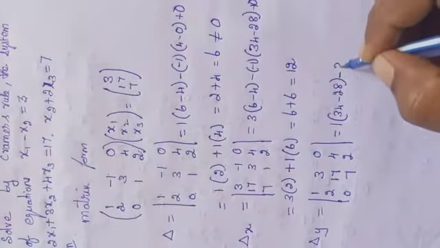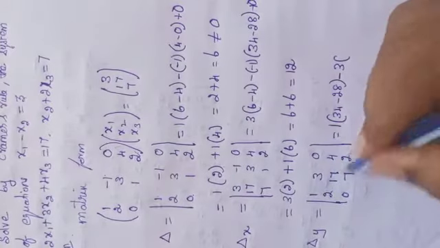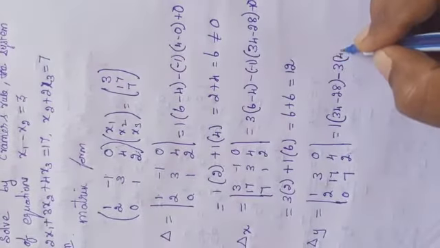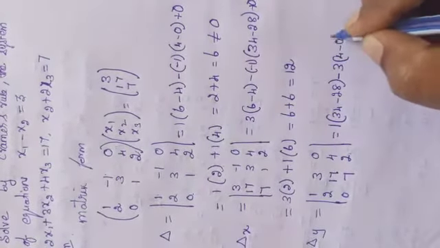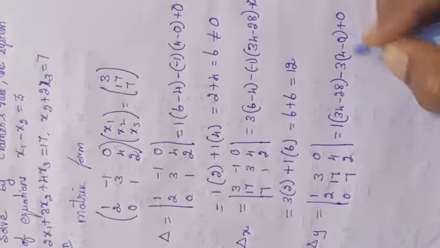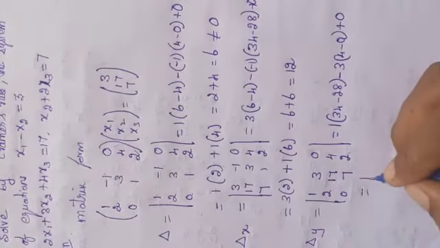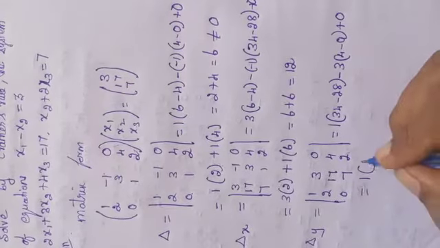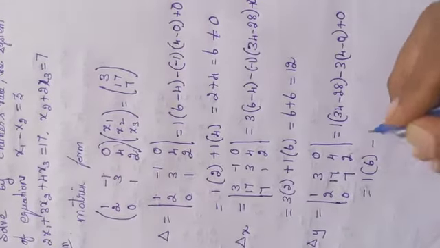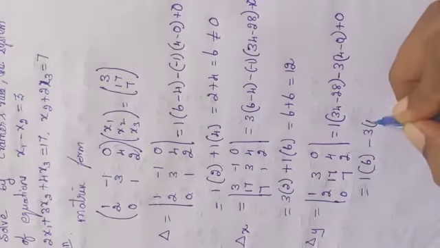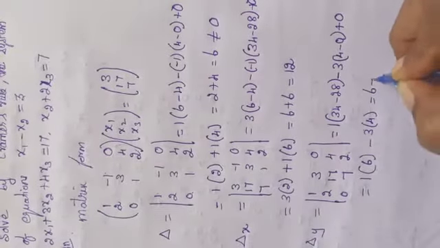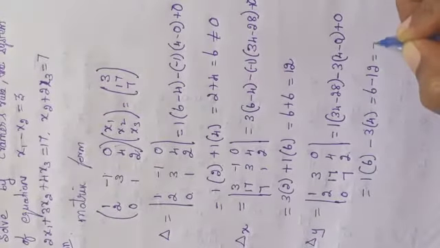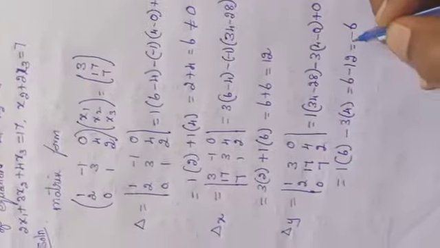Now second, minus 3 into, leaving that row and column, 2 into 2 is 4, minus 0, plus 0 into any number is 0. Now listen, 1 into 34 minus 28 is 6, minus 3 into 4 minus 0 is 4. So 6 minus 12, which is equal to minus 6.